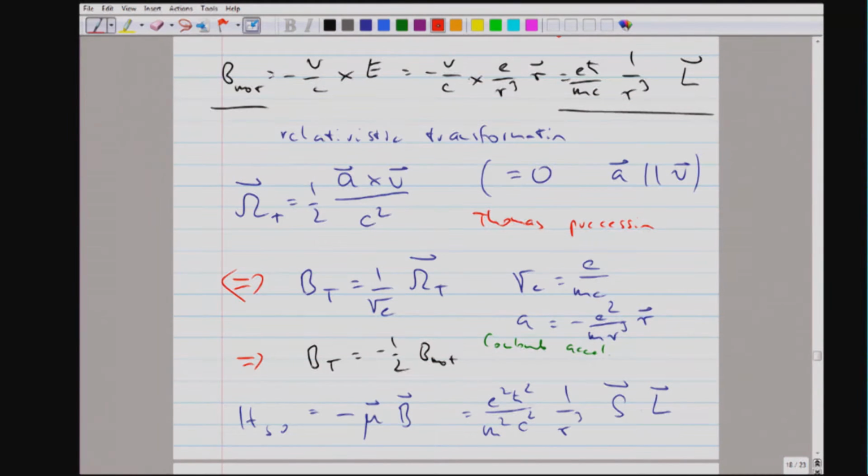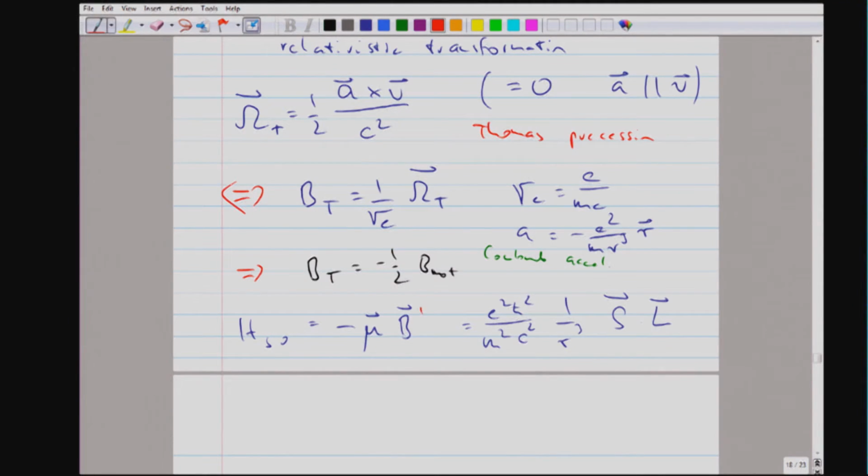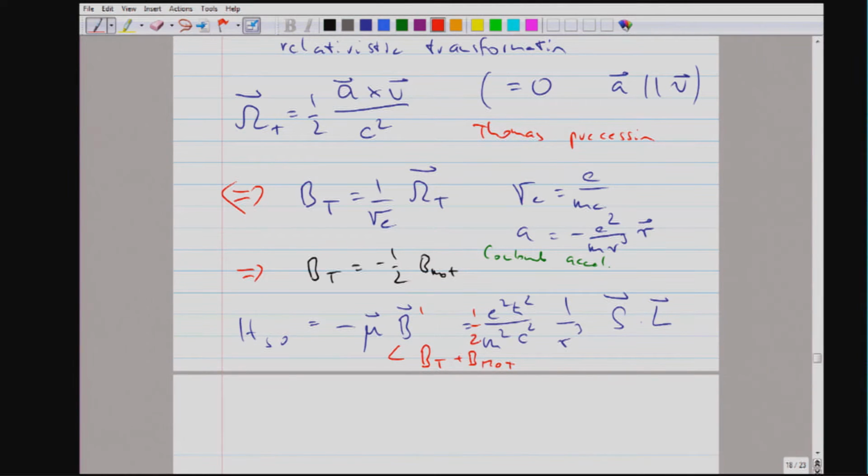So therefore, if we go back and want to find an expression for the spin-orbit coupling, we have to use the magnetic field, which is the sum of the two contributions we discussed, the motional contribution as if the electron would move in a linear way, plus the Thomas precession due to the rotational motion due to relativistic kinematics. And this will just reduce the final result by a factor of 1/2.